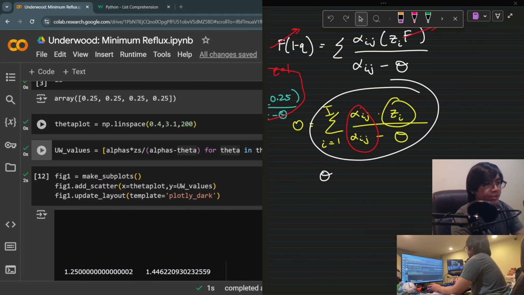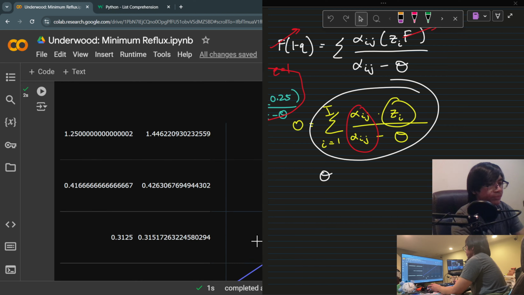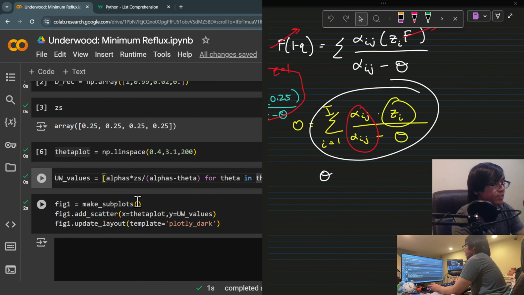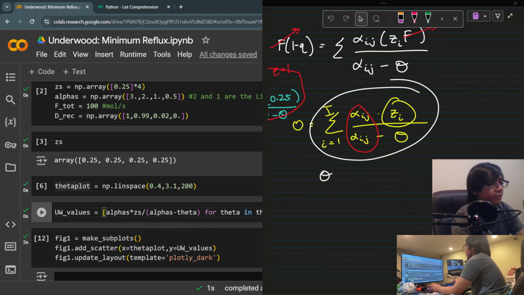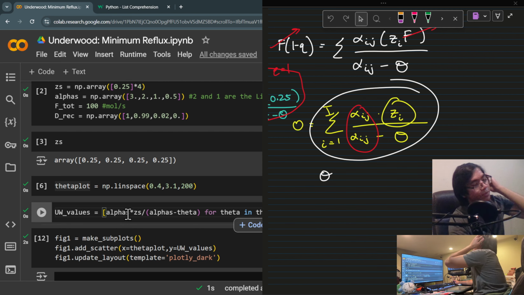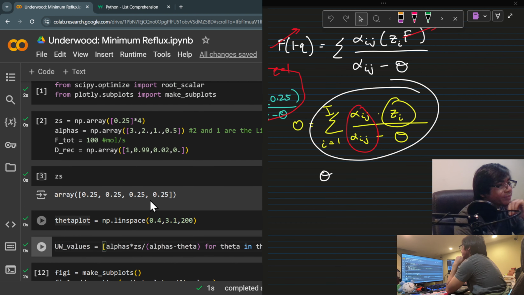Alpha times z over alphas minus theta for theta in theta plot. Did I choose the right bounds? 0.4 to 3.1. Alphas times z's. Forgetting something. It'll be so obvious when I find it.